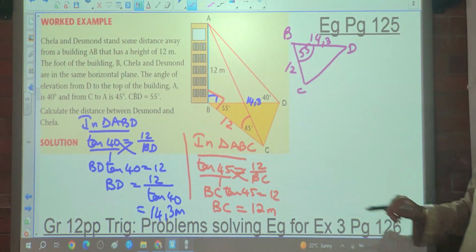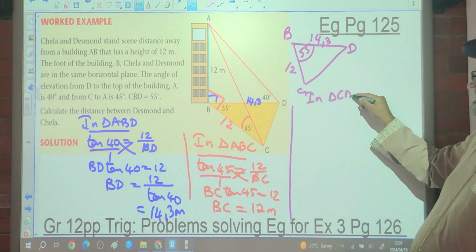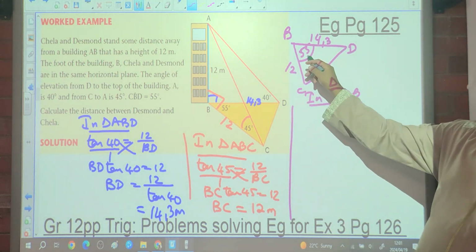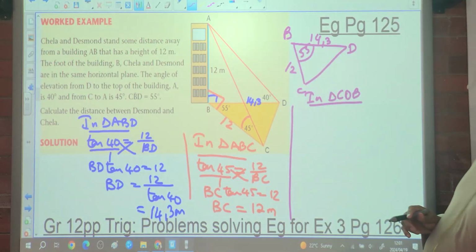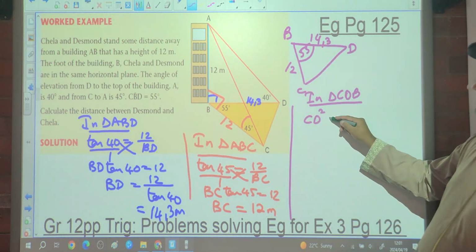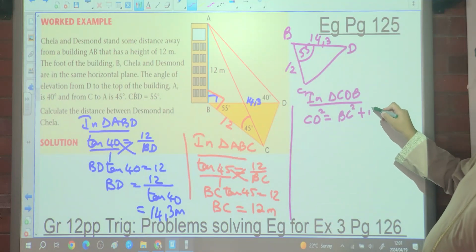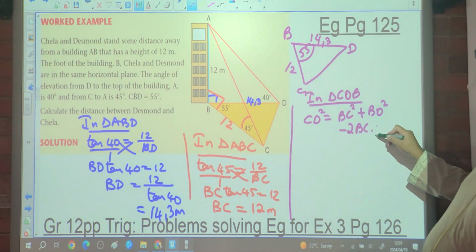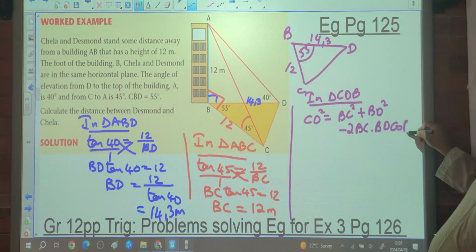Okay. So what do I say? In triangle CDB. People, do I have to write this on the side? Okay, I'm just taking it out so that you guys can be more comfortable with this. So we say CD squared is equal to BC squared plus BD squared minus 2 BC times BD cos of CBD.